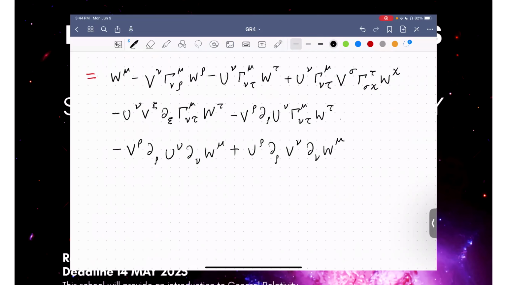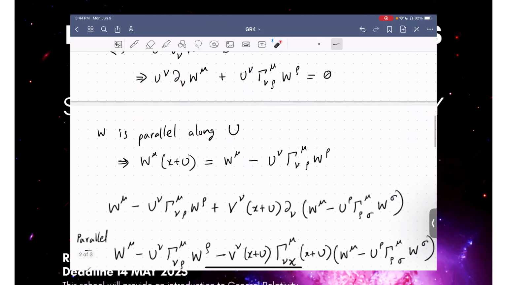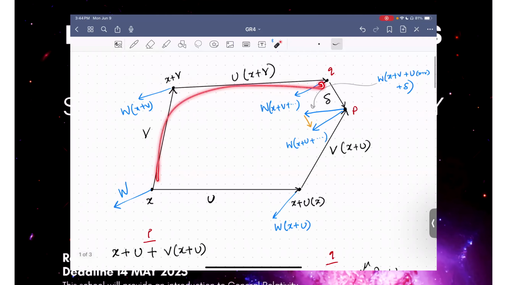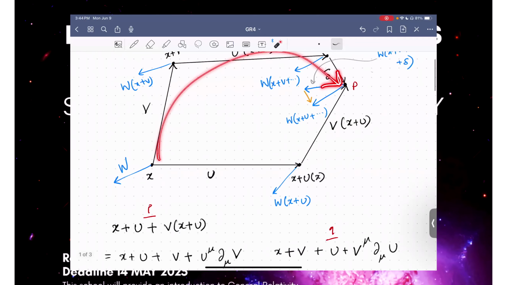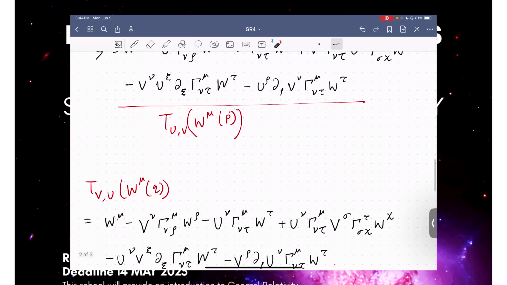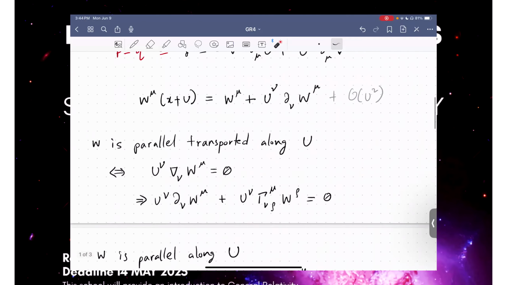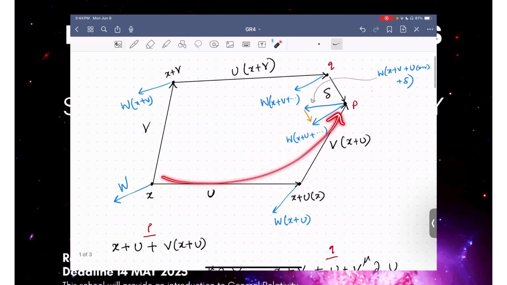All right. So we have our two expressions that we want to compare. We have the expression of W mu at P when we arrive at P via this path: first V, then U, and then delta. Sorry, this path. And we also have the expression of W at P when we simply took first U and then V. So that's this path.